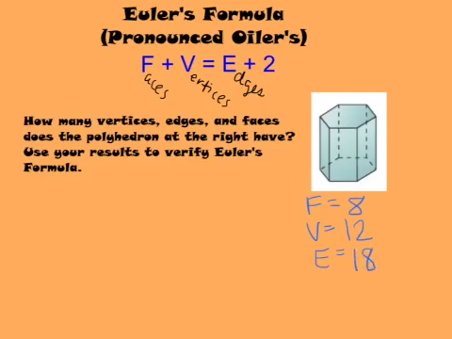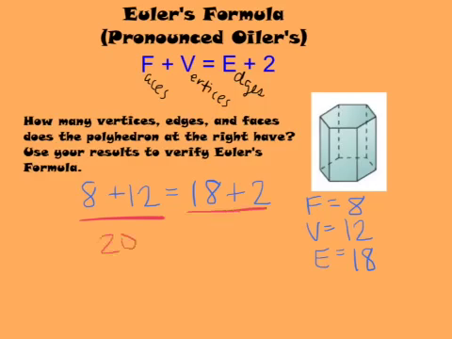So let's see, if I plug that into Euler's formula, I've got F plus V equals E plus 2. 8 plus 12 gets me 20, and 18 plus 2 also gets me 20. So that checks out. I see that that works.